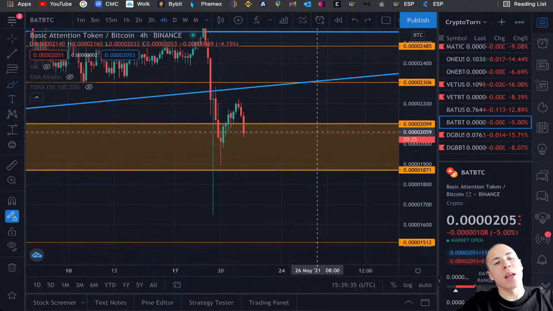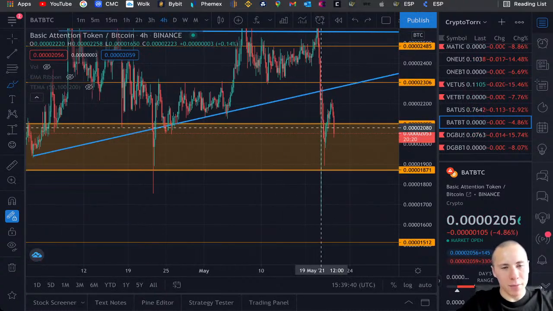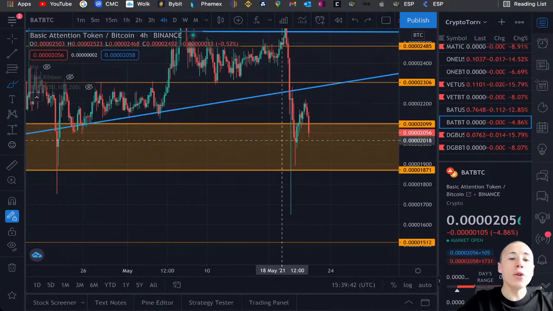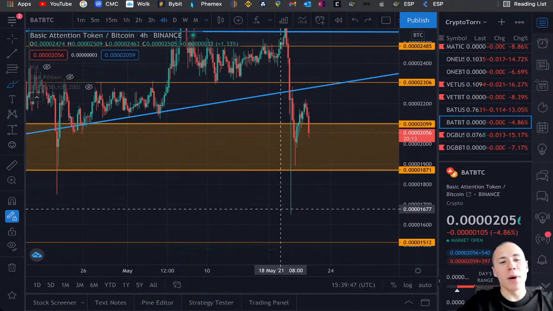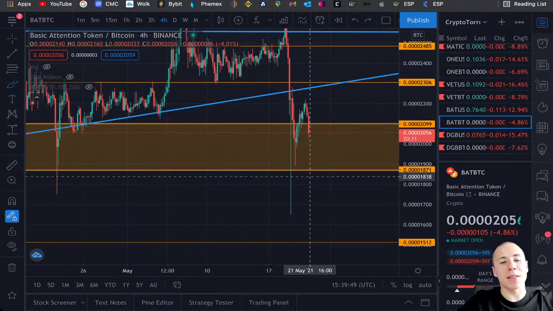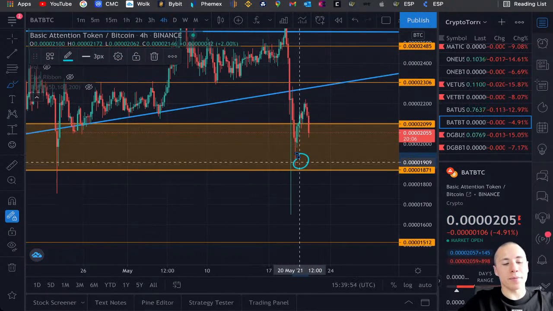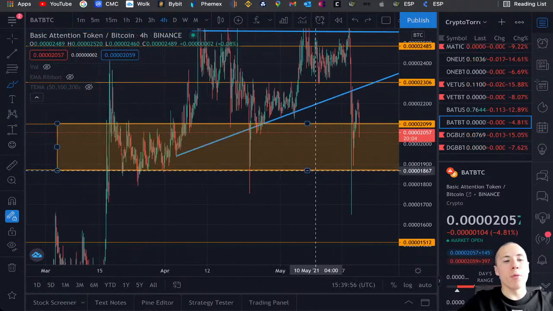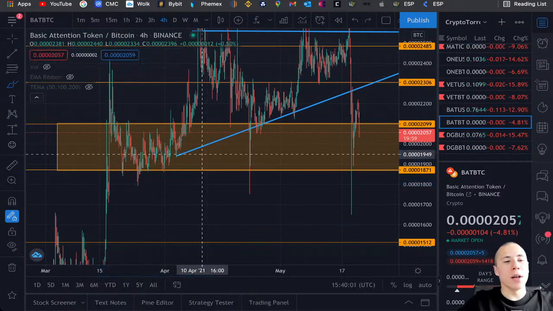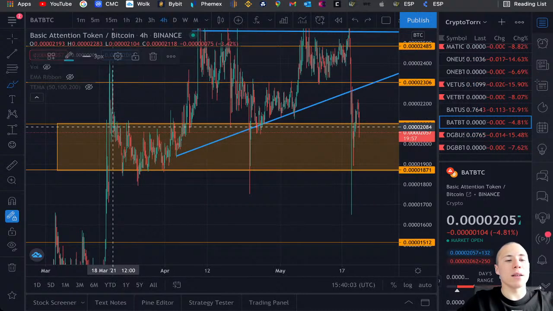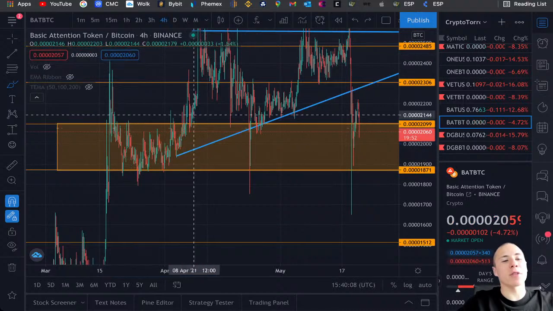And yes, I think this is very important for basic attention token, especially because we had this huge wick towards the downside, even going all the way to here, but immediately it went back up, and we saw that the second wick towards the downside did not even go through this level of support over here, where we saw previous support many times, and also a lot of days we traded in between these levels of support and resistance.